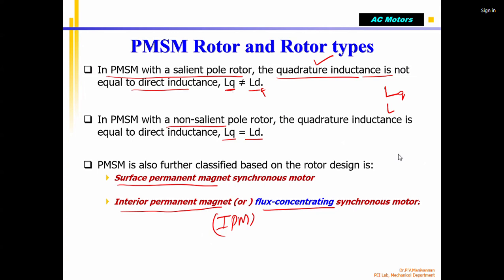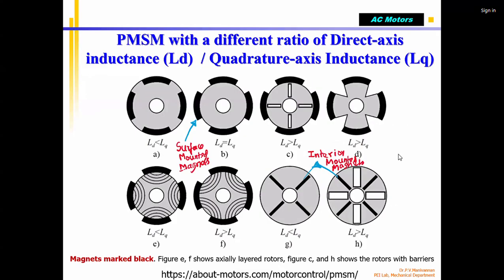I will show them in the next slide. These are the different varieties of permanent magnet synchronous motor rotor design. First, I want to talk about the surface mounted design. The main classification is surface mounted and interior.